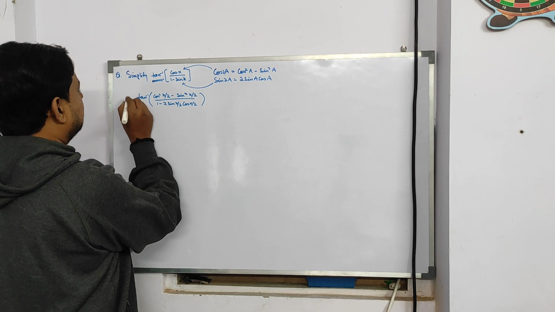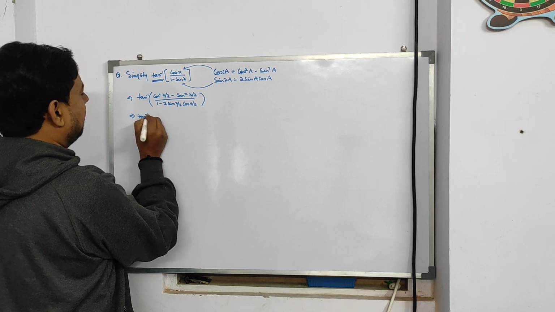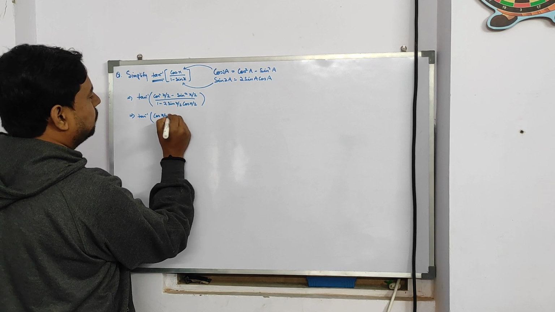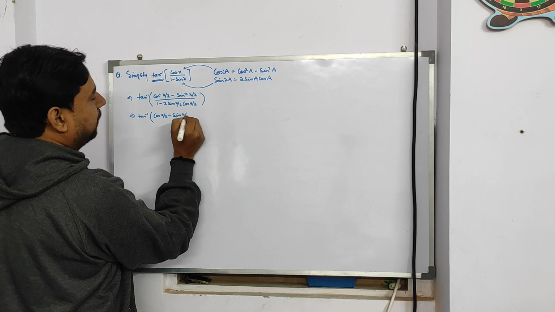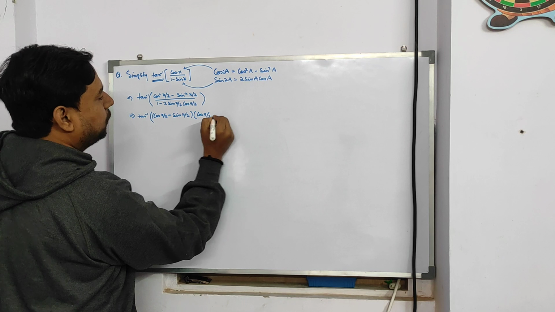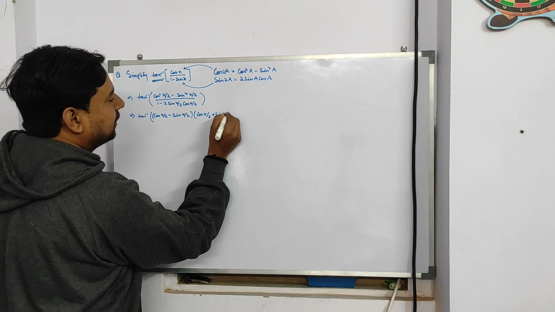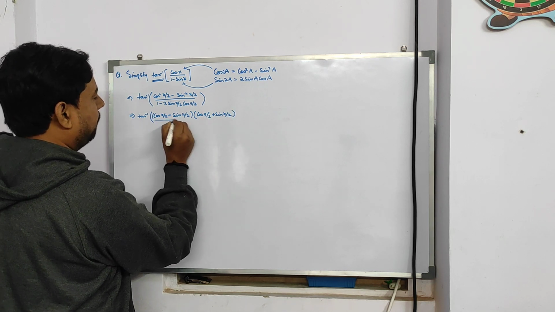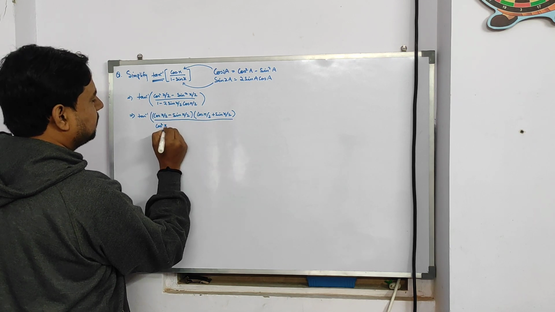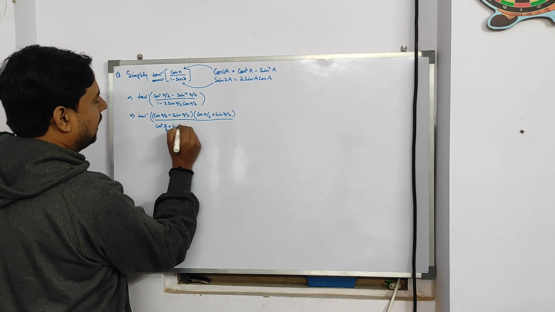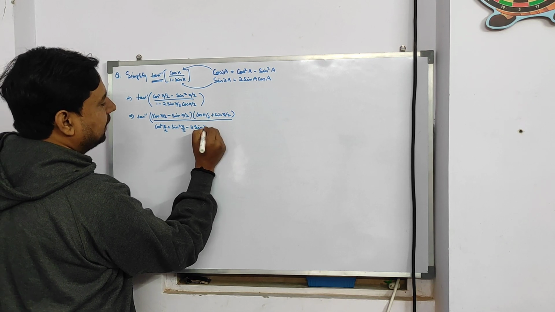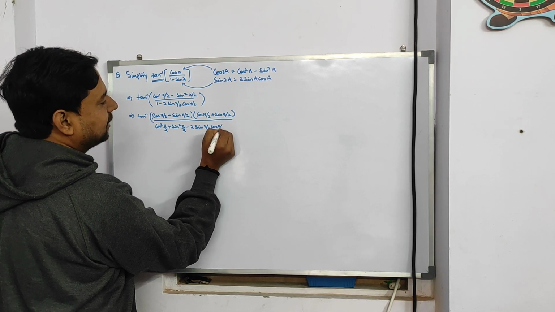Now we can write it as tan inverse of cos x by 2 minus sin x by 2 into cos x by 2 plus sin x by 2, upon 1 can be written as cos square x by 2 plus sin square x by 2 minus 2 sin x by 2 cos x by 2.